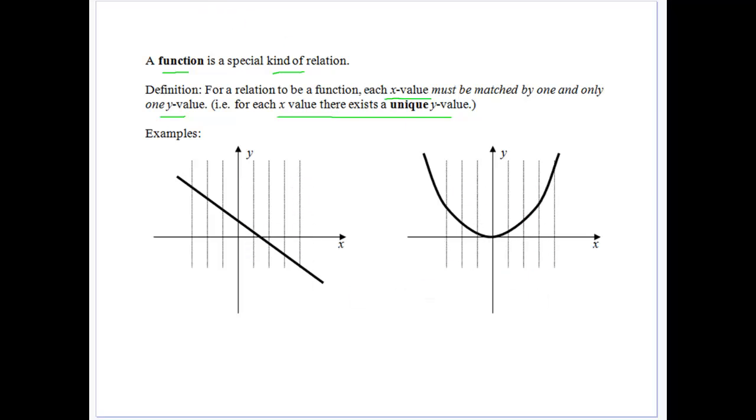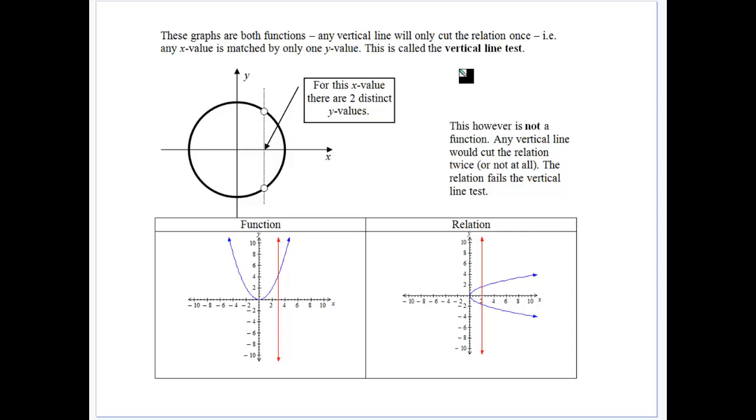Now this leads us to a test to see whether something's a function or a relation. It's what we call the vertical line test. Basically, if we can draw a straight up and down vertical line and it hits our curve twice, it's not a function, it's only a relation, because for that x value there are going to be 2 y values.